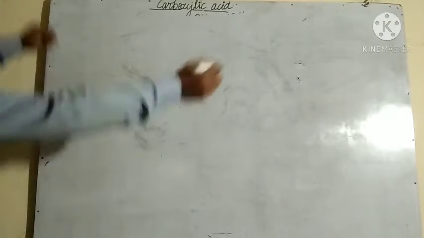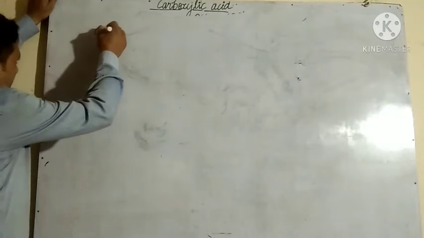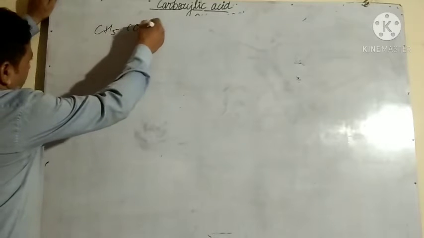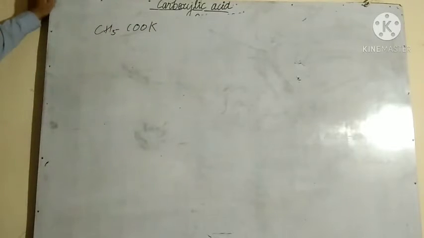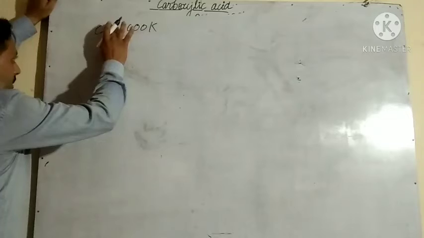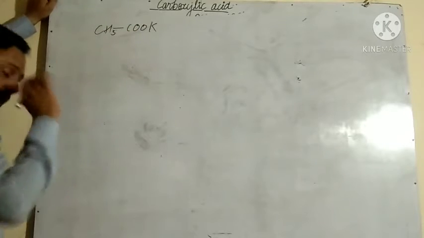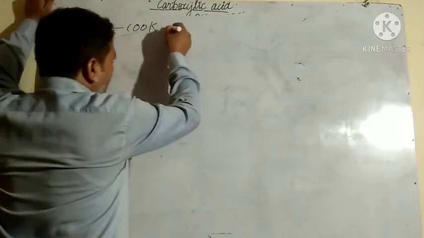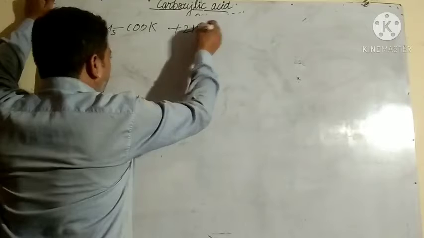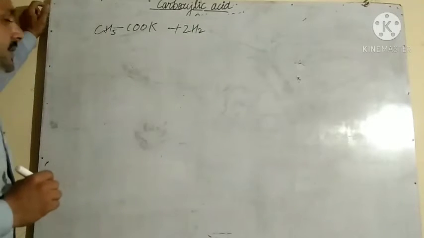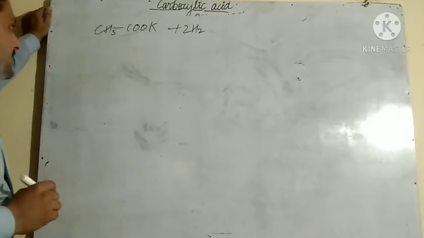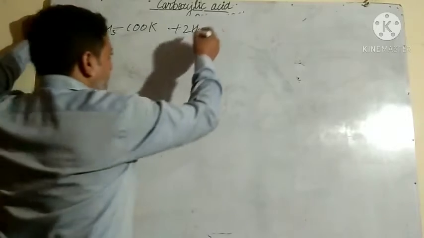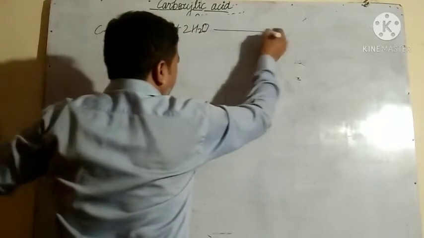So remember that an aqueous solution of concentrated sodium or potassium salt of a carboxylic acid is electrolyzed.